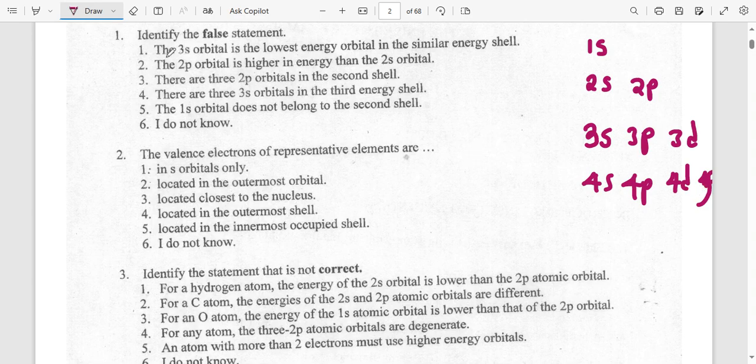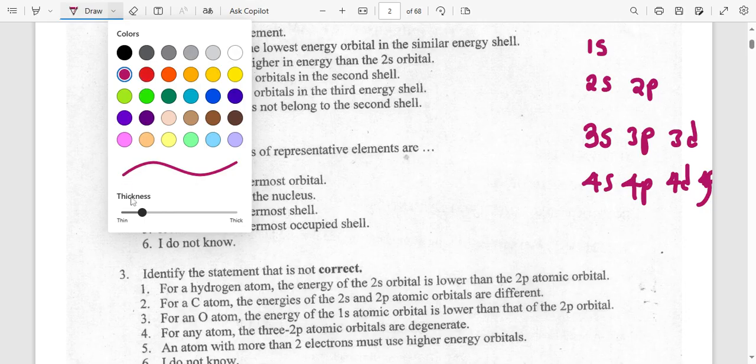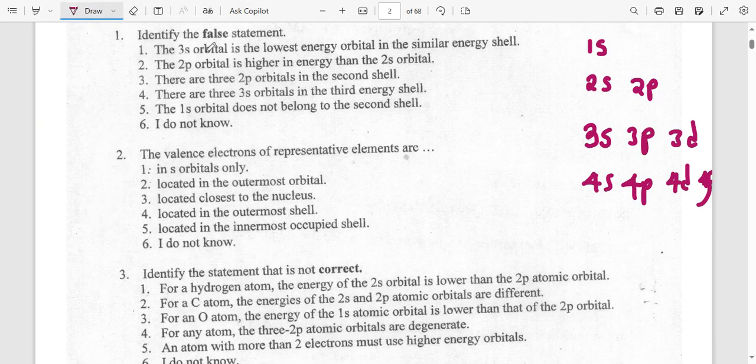So option 1 is saying the 3s orbital is the lower energy orbital in the similar energy level. If you look at the third energy level, 3s is the lower energy level.